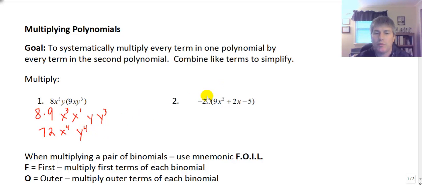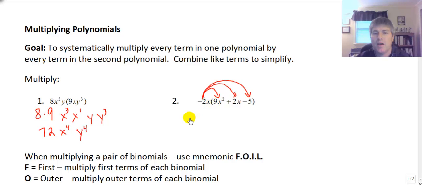In sample problem number 2, we're multiplying a monomial, negative 2x, times the trinomial, 9x squared plus 2x minus 5. And we have to make sure that we impose the negative 2x on every single term inside the parentheses, so times every term of that trinomial. So negative 2x times 9x squared, very similar to sample problem 1.